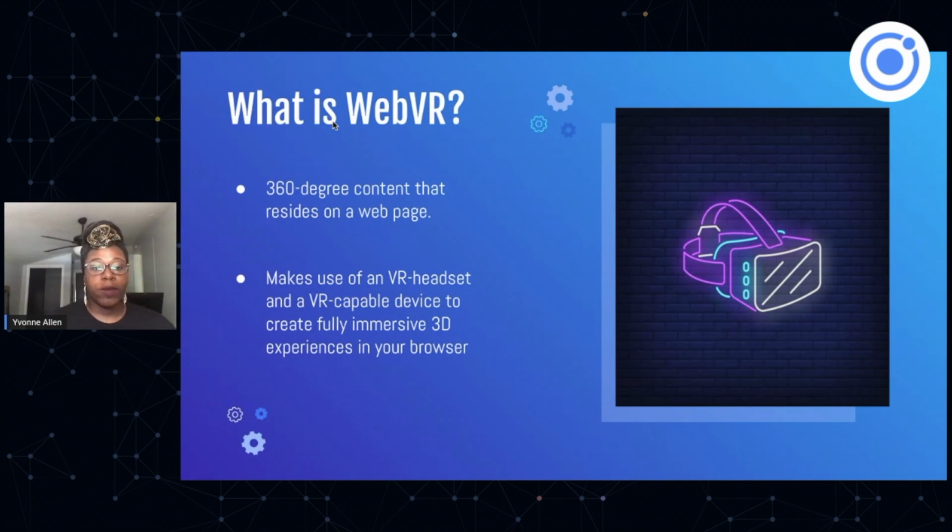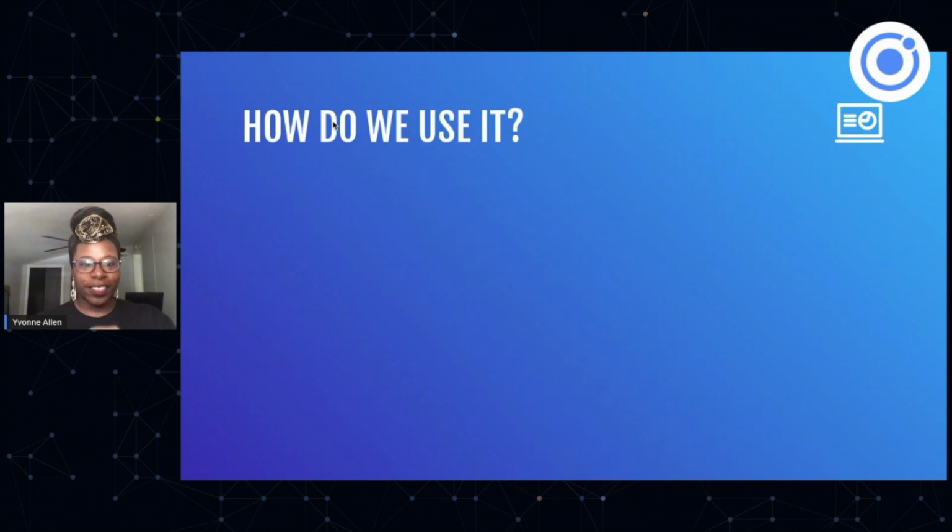With WebVR, you can make use of a VR headset like Google Daydream, Google Cardboard or Oculus Rift, and you can use your phone. Any phone that is capable of handling VR can be used in a WebVR manner to have a virtual reality, 3D experience, but via the web instead of an app. Unless you're using Ionic, and then you can have that on your phone natively.